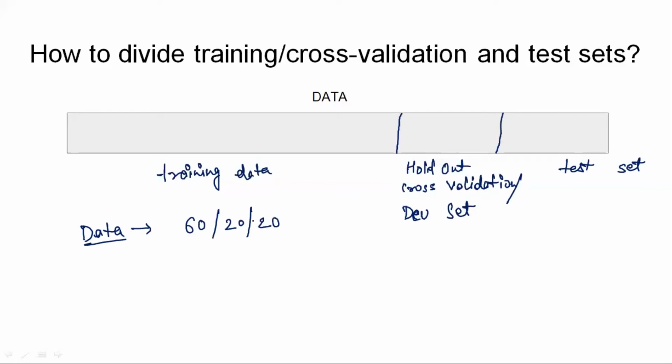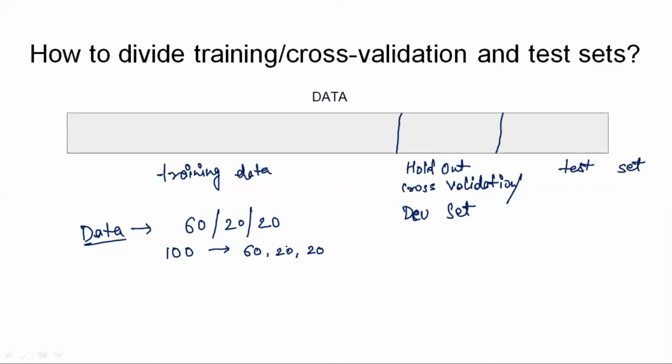Okay. So suppose you have a small data set of say 100 training examples. So 60 would be the training data, 20 would be the cross validation data, and 20 examples would be in the test set. And what is the significance of the training data, the cross validation data, and the test data set? You train your model or the learning algorithm on the data given in the training data set.